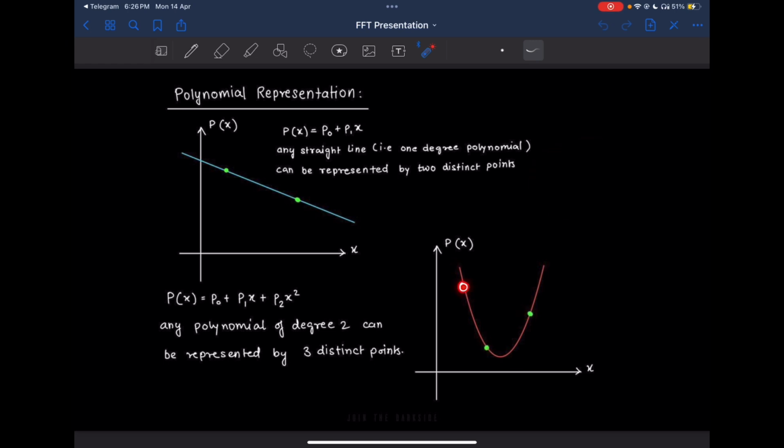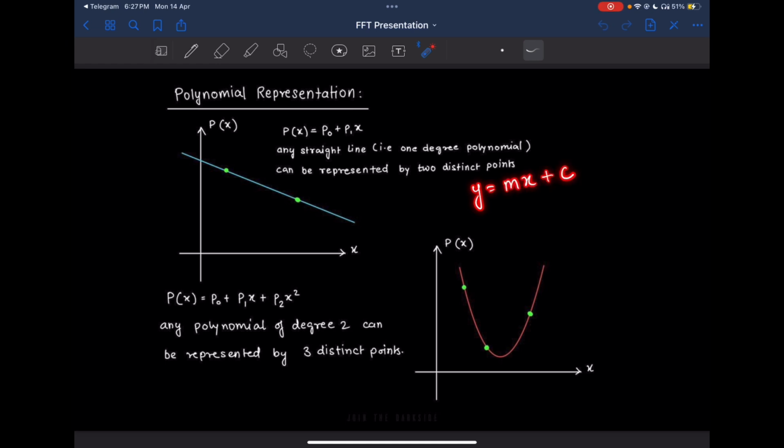So if you have three distinct points plotted on a certain 2D plane, you can represent those 3 points with a certain polynomial, right? Because even if you consider the most basic example, that is this straight line, the equation of a straight line is y is equal to mx plus c, right?